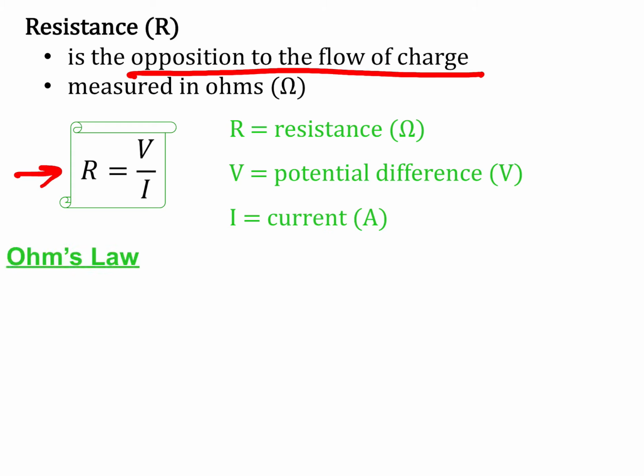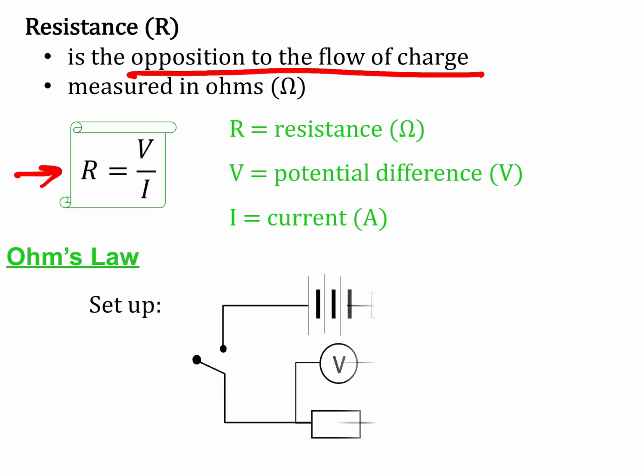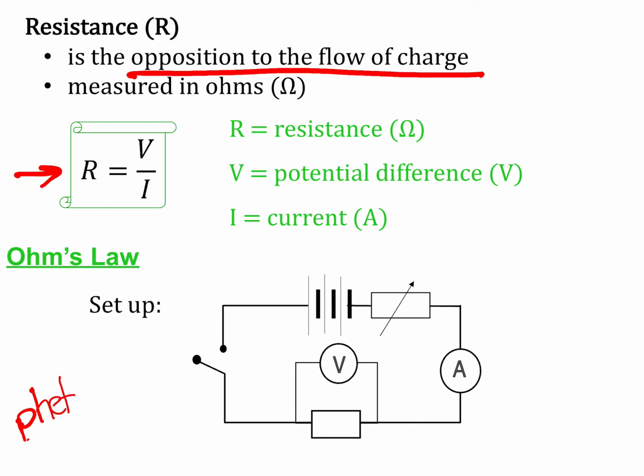To find Ohm's law, do yourselves a favor, guys, and go and play on the PhET website or download the app onto your device and just work through it. They have lots of apps and things you can do which will help you understand this a little bit better, but it's always nice to work through it on your own. Okay, so what we have here is a rheostat.